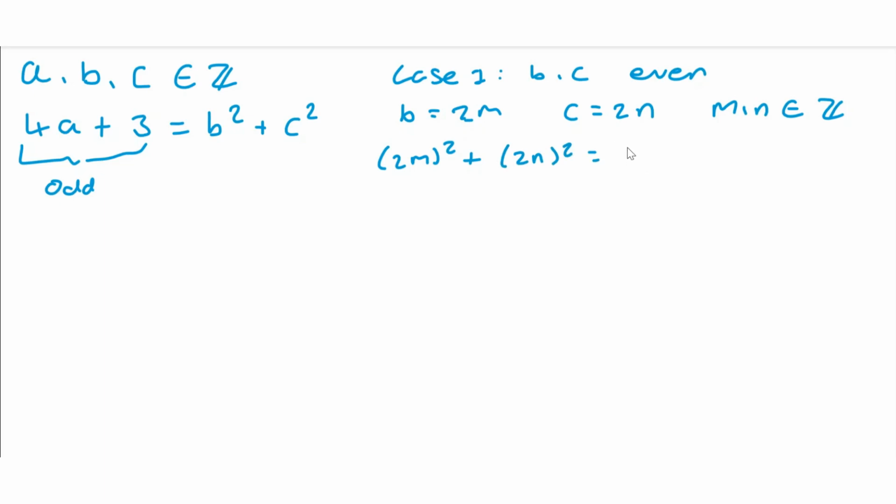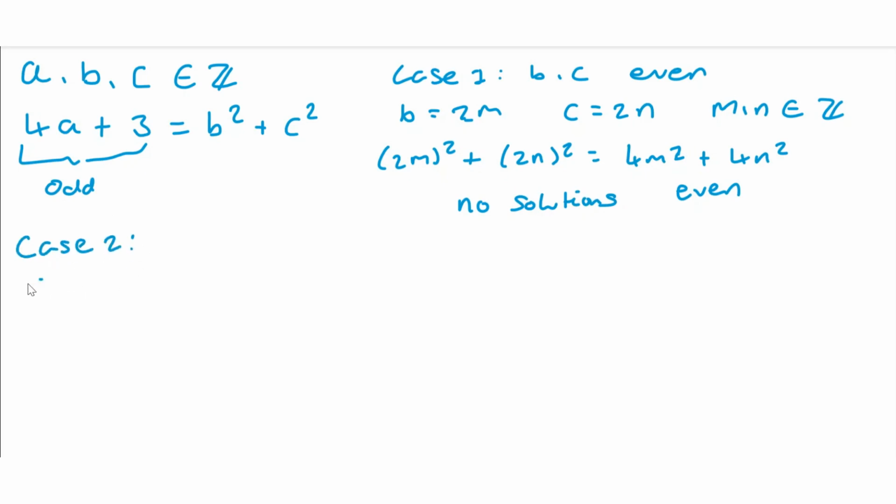That's going to be 4m squared plus 4n squared, and hopefully you can see this is even. So there's no solutions here, because if one side of the equation's odd and the other side's even, they obviously can't be equal to each other.